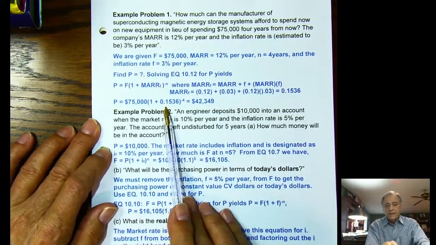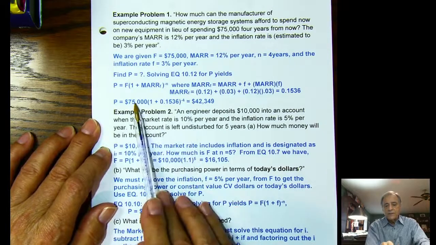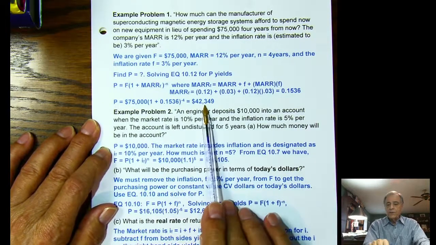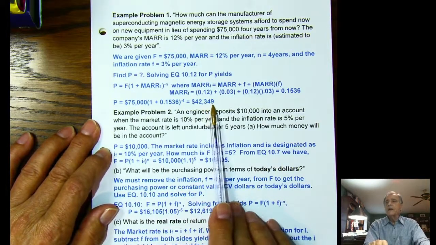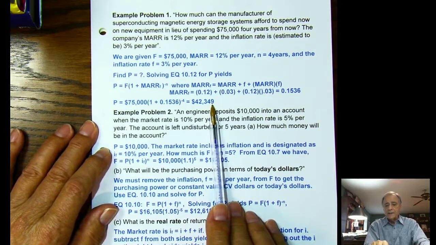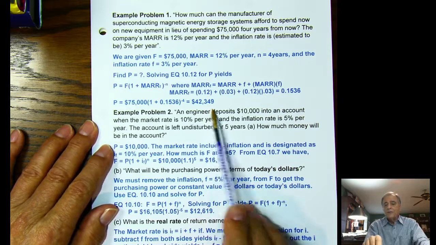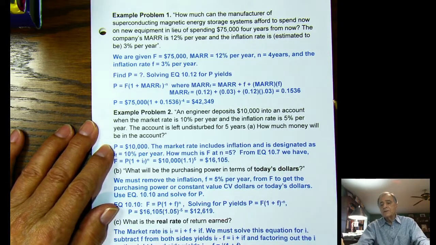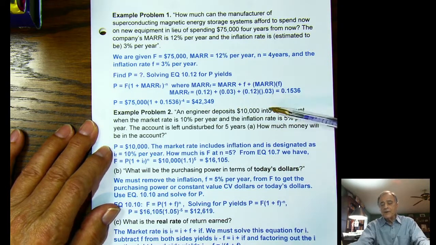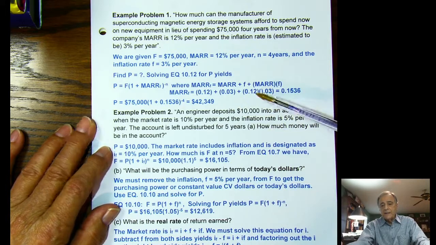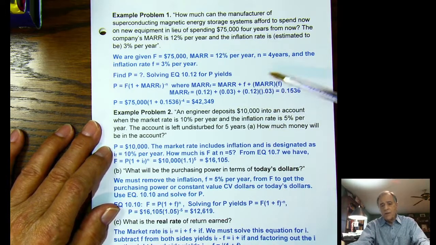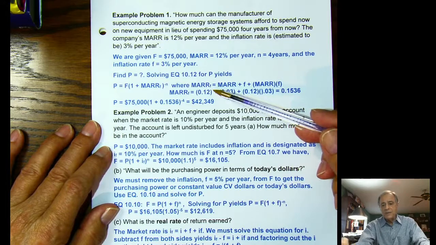We plug that in, bring it back 4 years at that rate, and we get $42,349. That is essentially the present value of $75,000 4 years from now at the market MAR. That's what MAR sub F is.